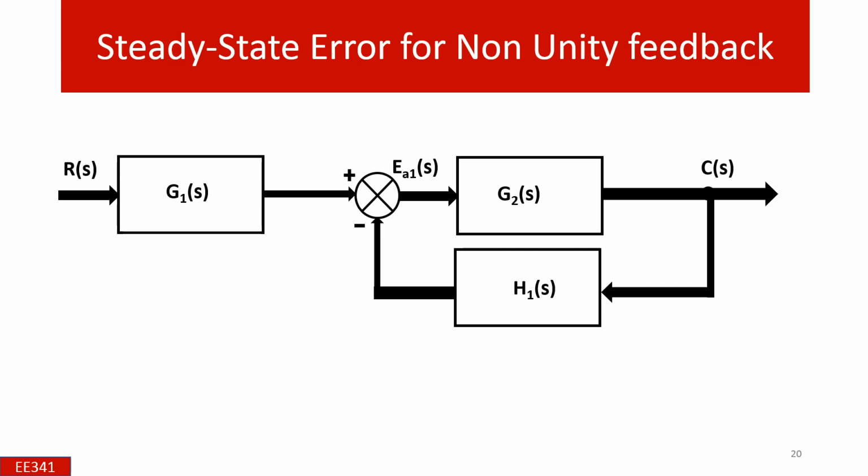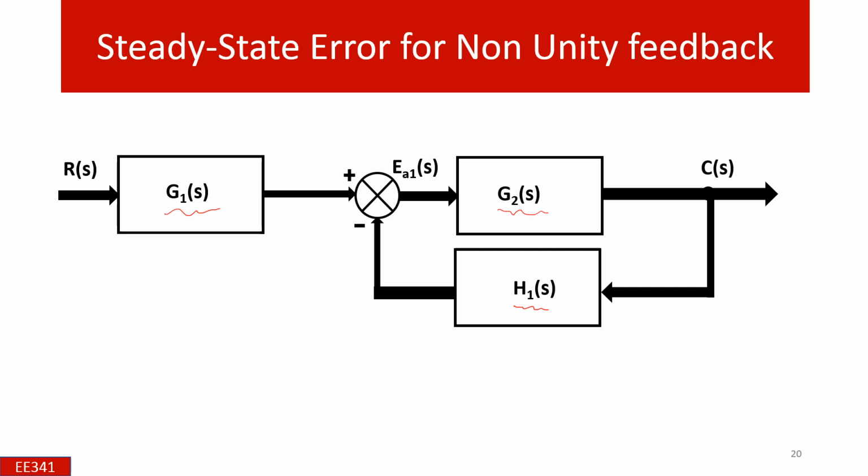So non-unity feedback systems. Here we have a transducer with the transfer function G1(s), and G2 is representing the transfer function of the controller and the plant, and this H1(s) is representing the feedback transfer function. In this case this is not equal to 1.